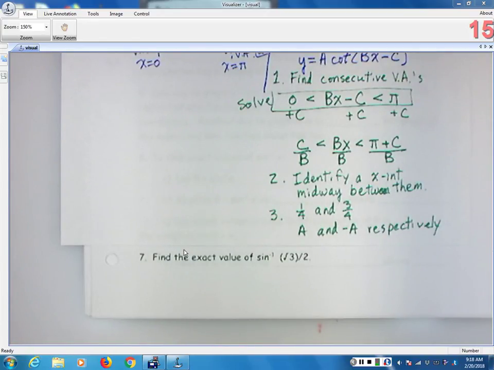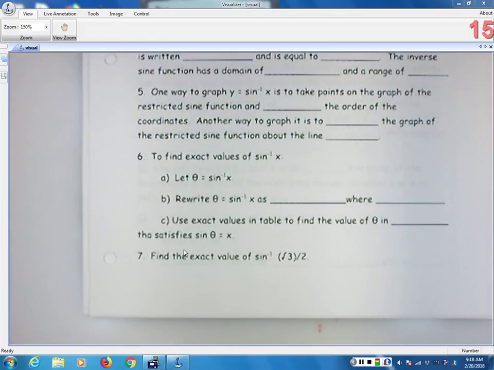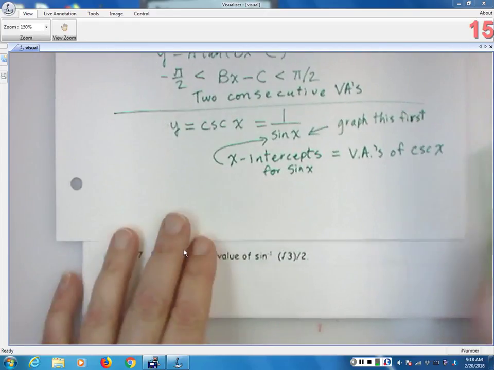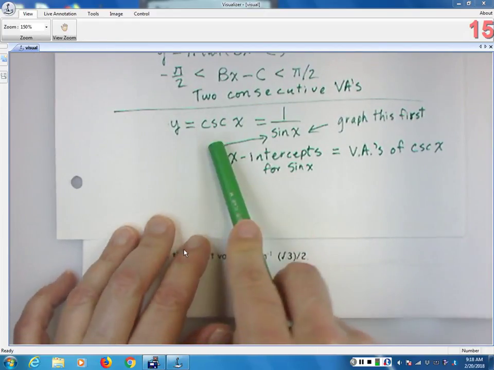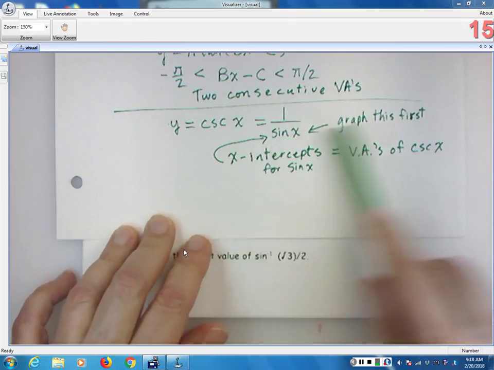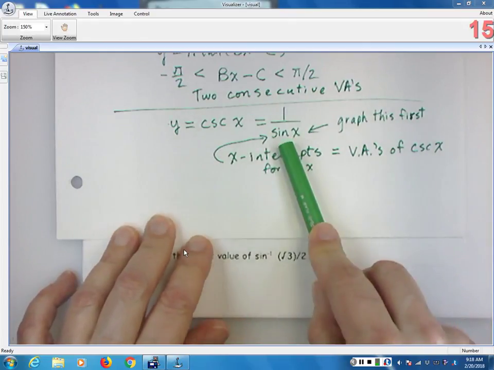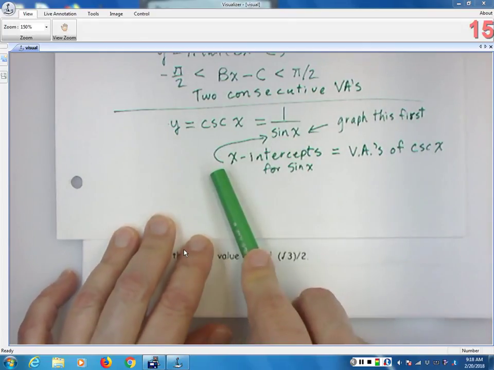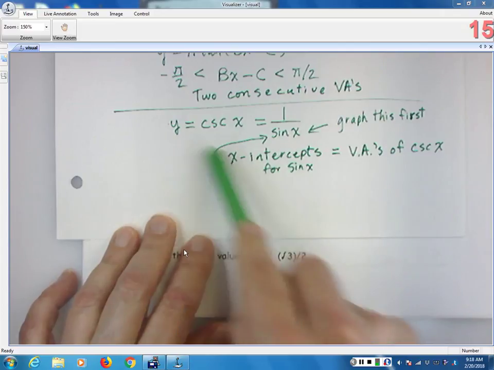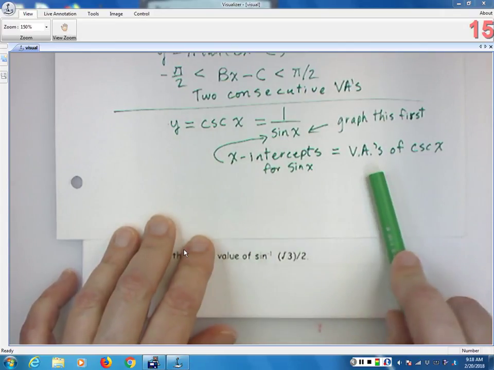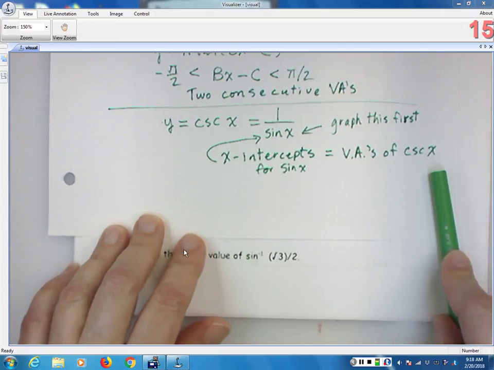And the only other thing, and I'm not going to ask you to graph cosecant on the test, but you need to know some properties of cosecant. So let's put this up. Y equals cosecant x is 1 over sine x. You would graph sine x first, and then your x-intercept of sine will become the vertical asymptote of cosecant.